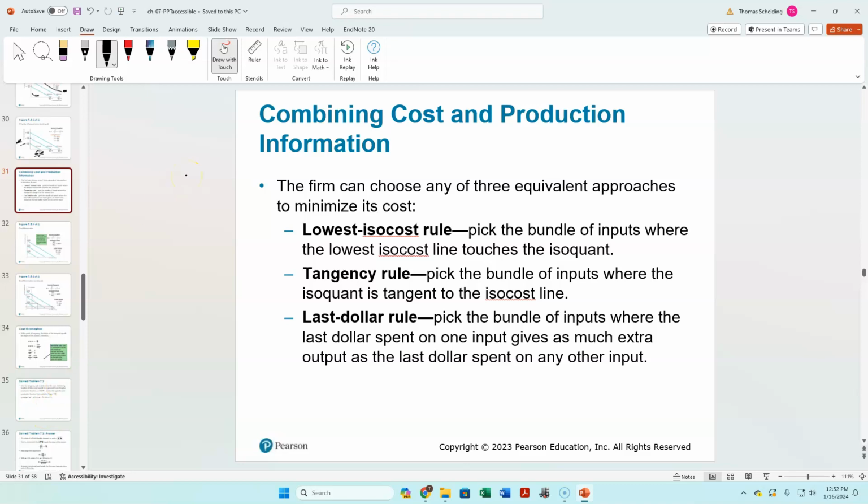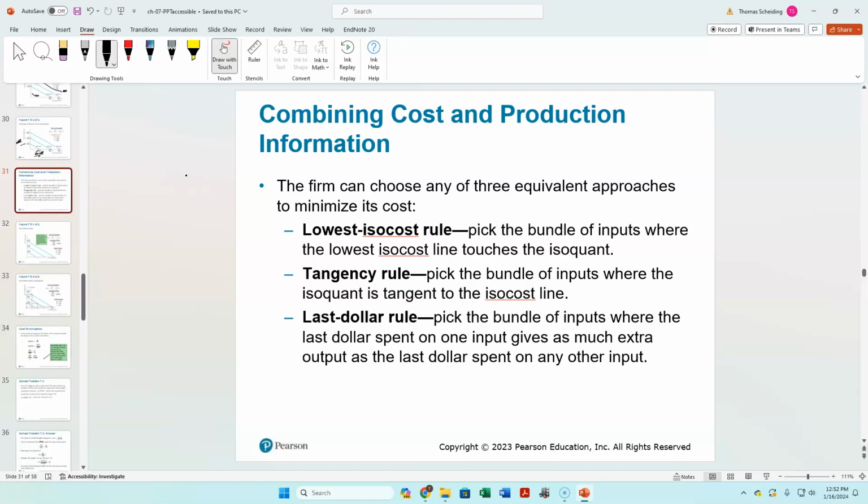Now, the firm has three different options here. They all generate the same result, but the firm has to decide which option it is going to choose.